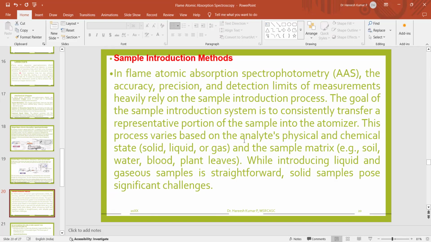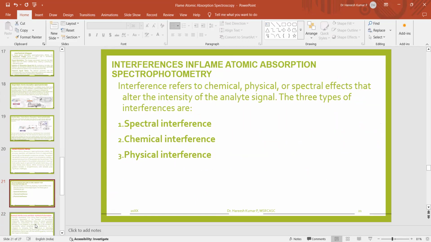This process varies based on the analyte's physical and chemical state, solid, liquid, or gas, and the sample matrix: soil, water, blood, plant leaves, etc. While introducing liquid and gaseous samples is straightforward, solid samples pose significant challenges.